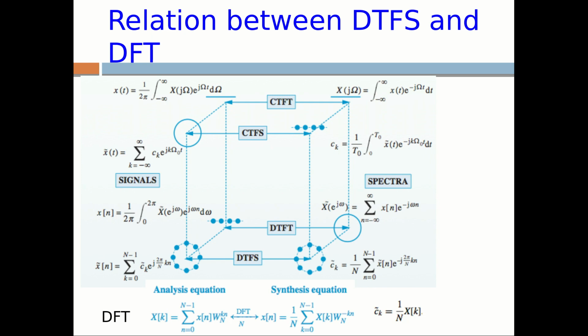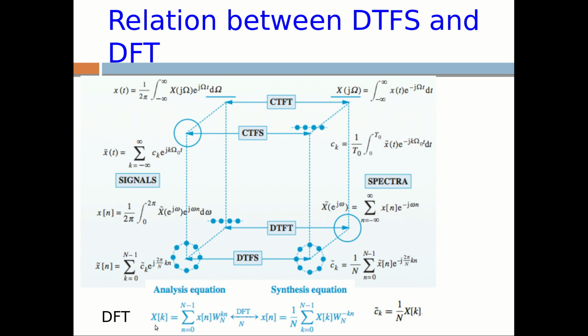Let's see the relationship between DTFS and DFT. DTFS is applied to find the spectrum of discrete periodic signals, whereas DFT is applied to find the spectrum of a finite discrete signal. The equations which represent the DFT are as follows.